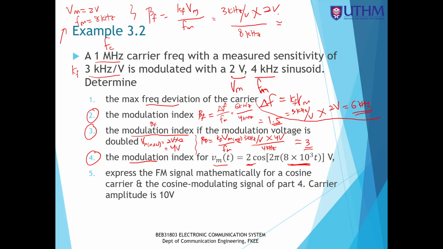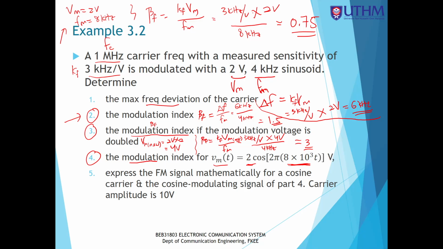How much is this? 6 divided by 8, so you are going to get 0.75, which is half of 1.5, which is half of the answer from question number 2, where we got 1.5.